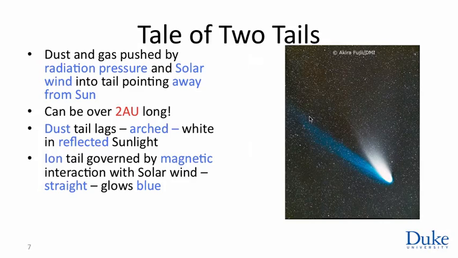The magnetosphere interacts in a complicated way with the solar wind, and the result is that the ion tail always points directly away from the sun and is redirected, if you will, as the comet moves, so it does not curve. And ionized gas recombination, the same kind of ghostly blue glow that we saw in our electron tube, is how you characterize the ion tail.